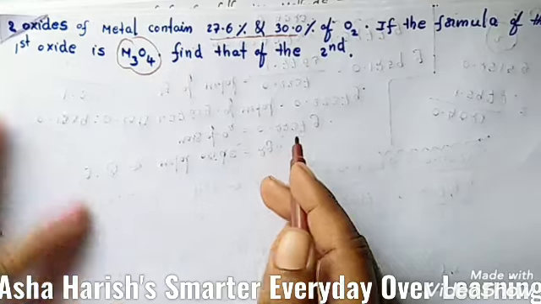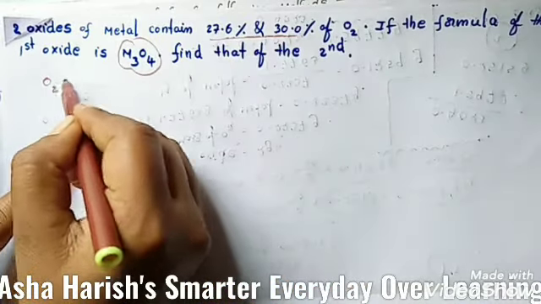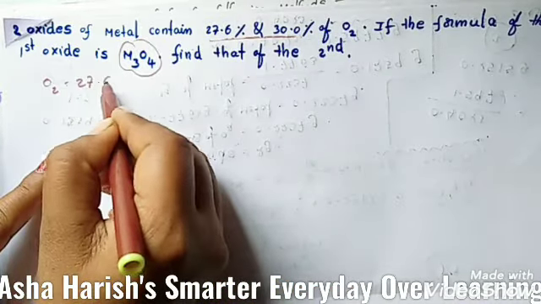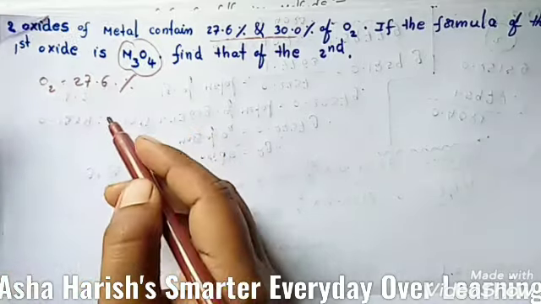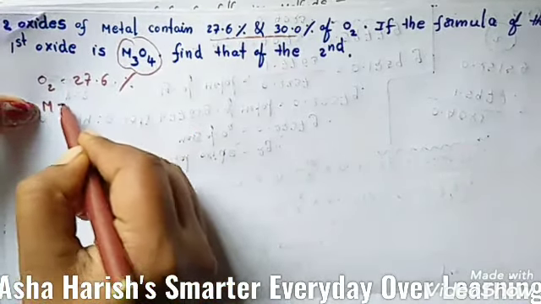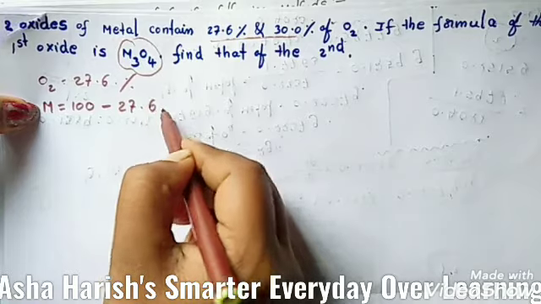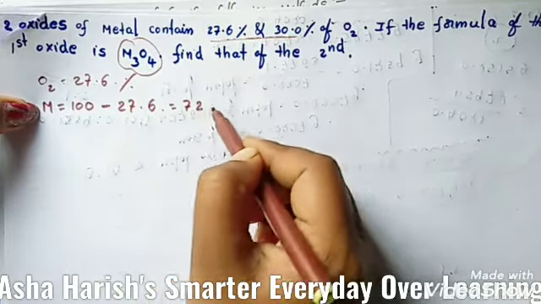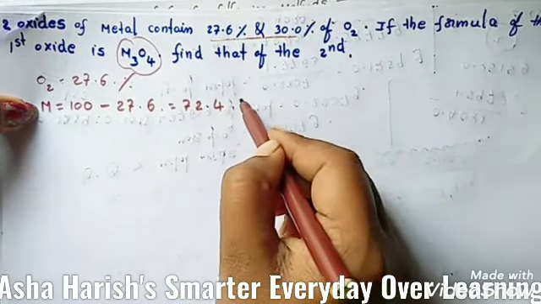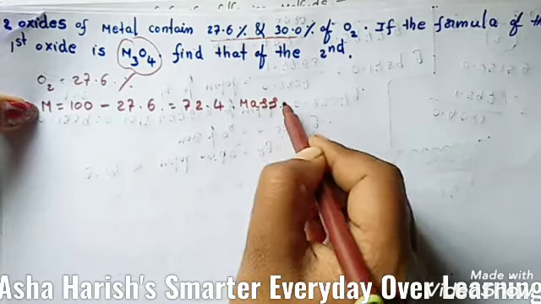In the first oxide, the oxygen percentage they have given is 27.6%. Now metal is equal to 100 minus 27.6, that is only 72.4. This is parts by mass.